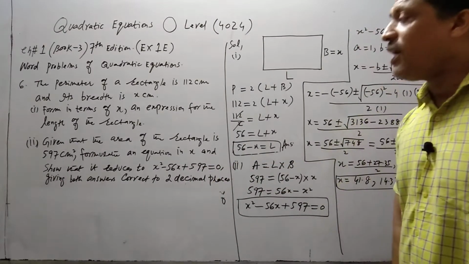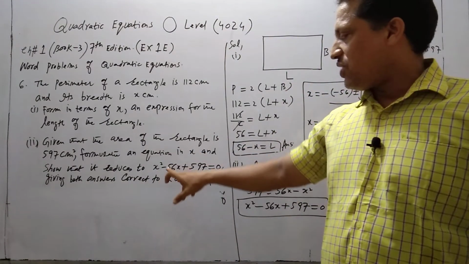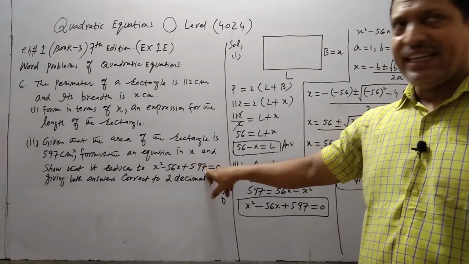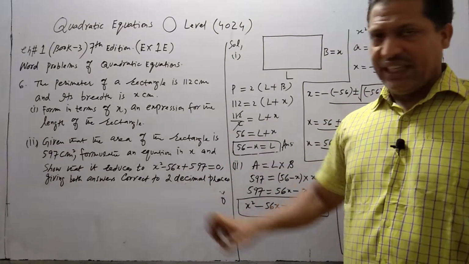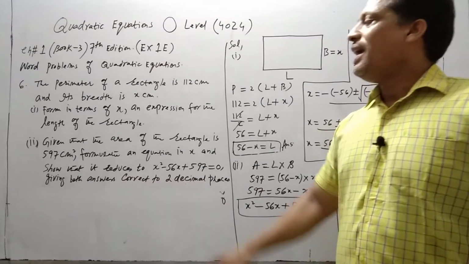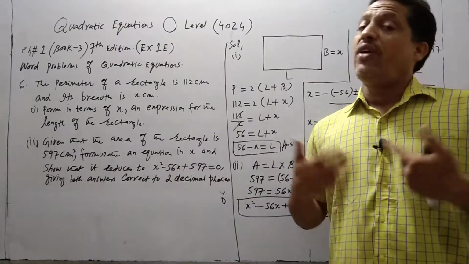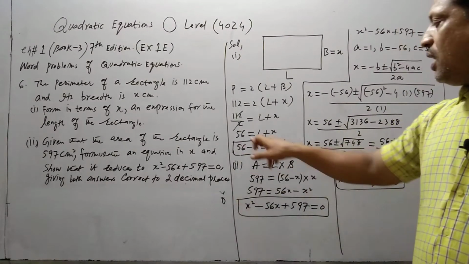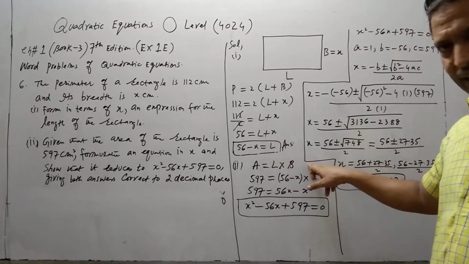So we have to formulate this equation with the help of the given condition. What condition is given? Area of the rectangle is given, but we must know the formula of the area. What is the formula of area? The formula of area is A equals length times breadth.